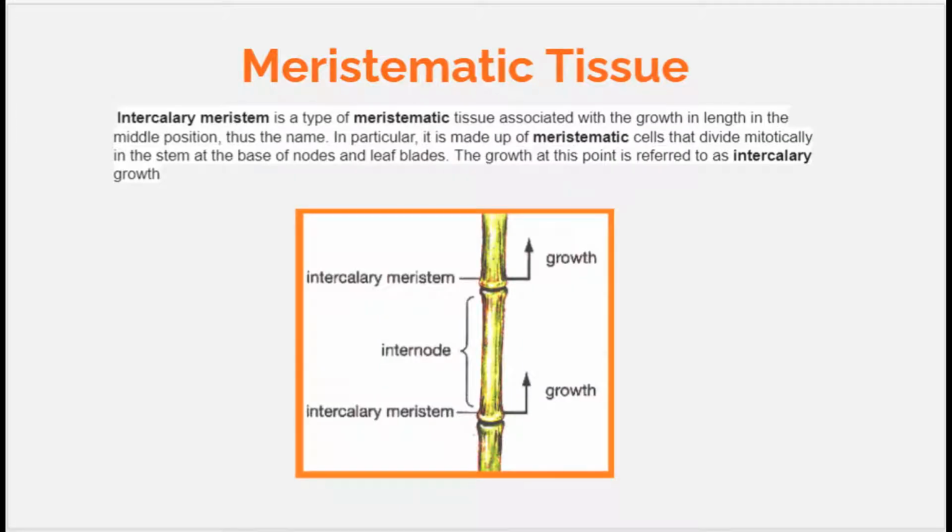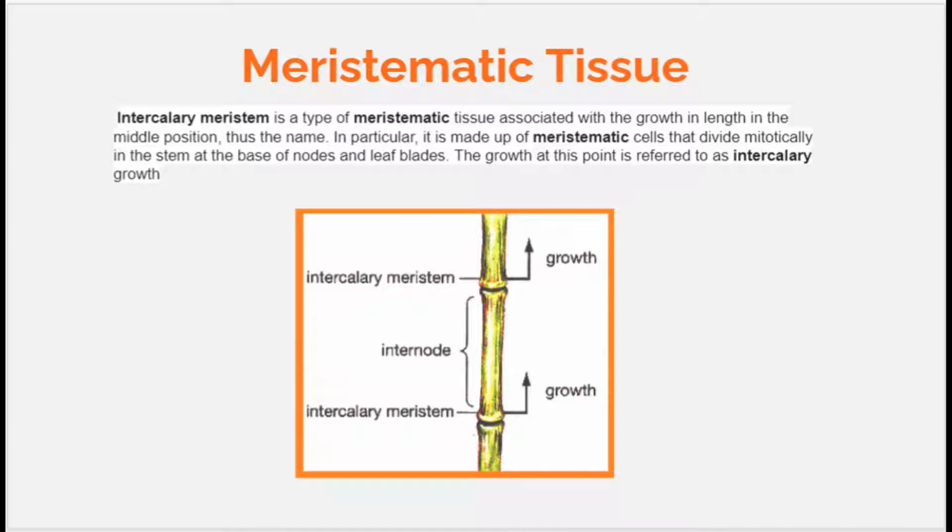The next type is the intercalary meristem. You can see the region where it is found in the picture itself. If you take an example of a bamboo plant or tree, there are regions from where the leaves grow.